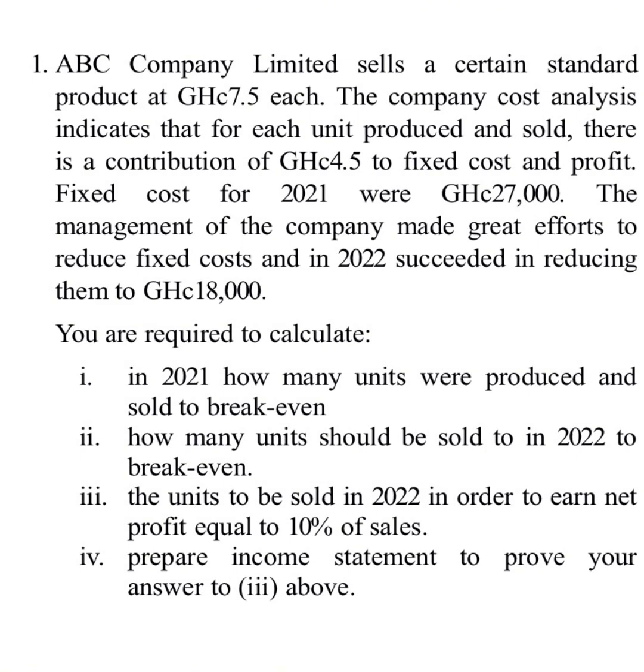Fixed costs for 2021 were 27,000 Ghana cedis. The management of the company made great efforts to reduce fixed costs and in 2022 succeeded in reducing them to 18,000 Ghana cedis.